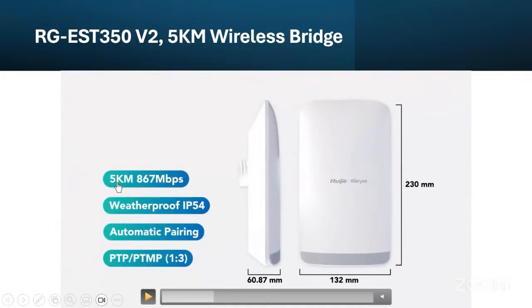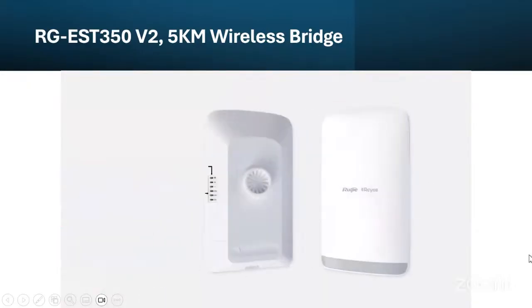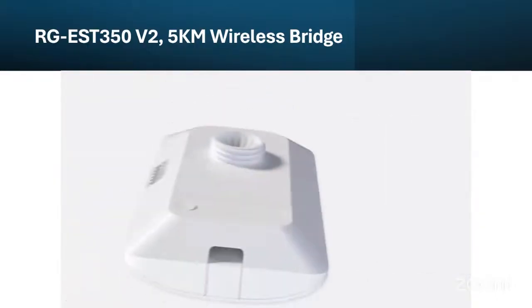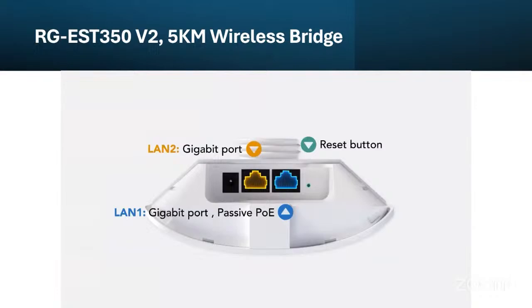It is ideal for up to 5 kilometers and can bring in 867 megabits per second. And it has the IP54 certification, automatic pairing, and it works as a point-to-point or point-to-multipoint wireless bridge.